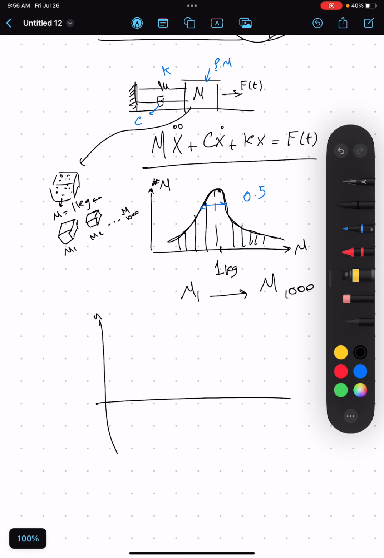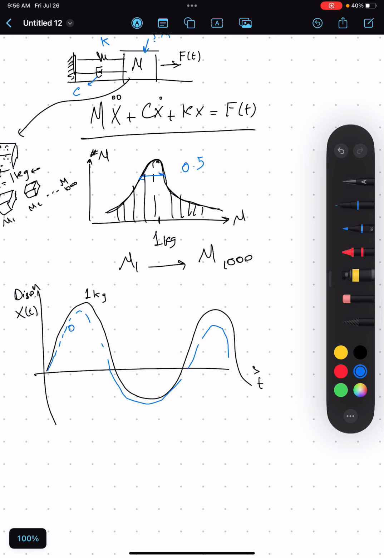So for the 1,000 masses, M1 to M1000, we can solve our system, and instead of one solution, imagine that this is the solution for 1 kilogram, the displacement x with respect to time. This is one response, and then we plot the other one.